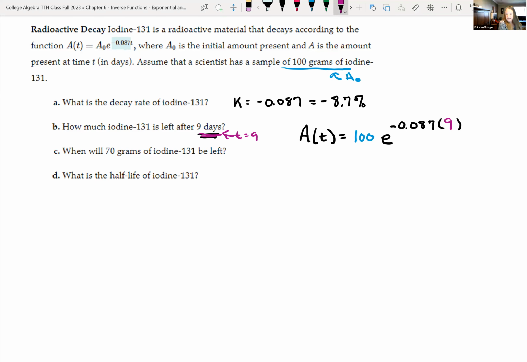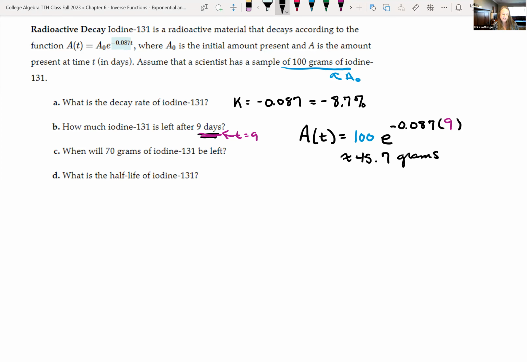So you're just going to want to plug that into the calculator. Take your e function, raise that to the 9 times negative 0.087. Take that answer and multiply it by 100. And you get back 45.7 grams remaining after 9 days.